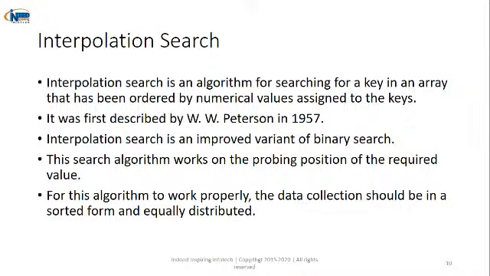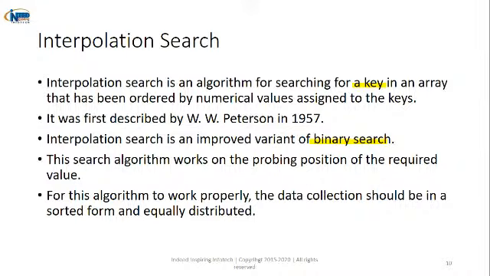The interpolation search algorithm is used for searching for a key in an array that has been ordered by numerical values assigned to the keys. Key again is that particular element which we want to search. This algorithm is an improved version of binary search, so it works like binary search only.